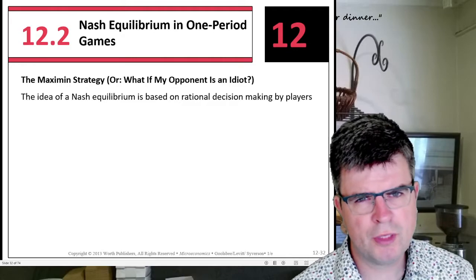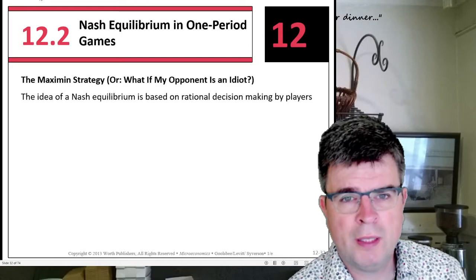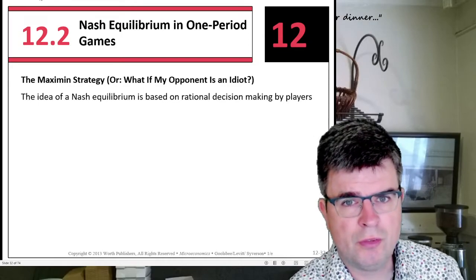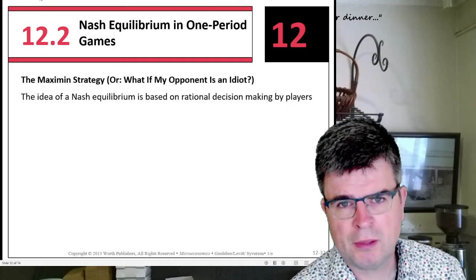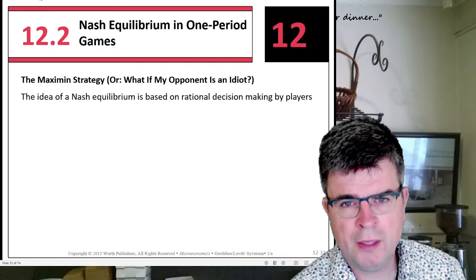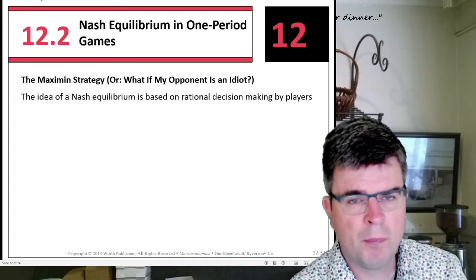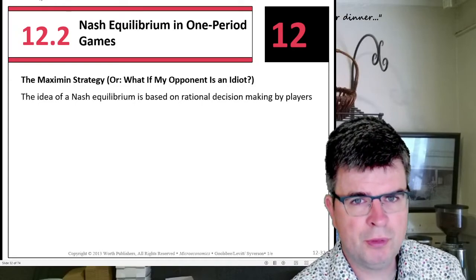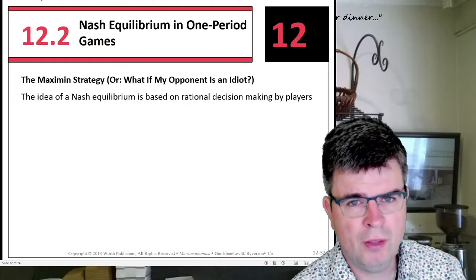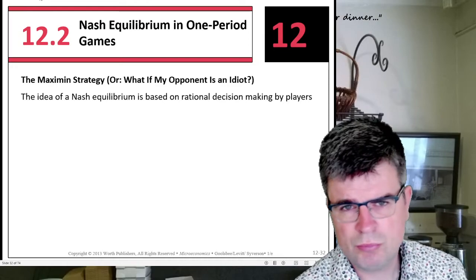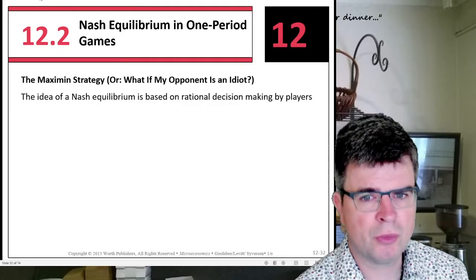The concept of Nash equilibrium rests on the idea that both players make rational decisions. So they choose the action that optimizes their expected payoff. And each player assumes that the opponent is a rational player. But what if you cannot make that assumption, and you cannot rule out that your opponent is a maverick, an idiot, someone who just does something, and is not really interested in maximizing his or her payoff?